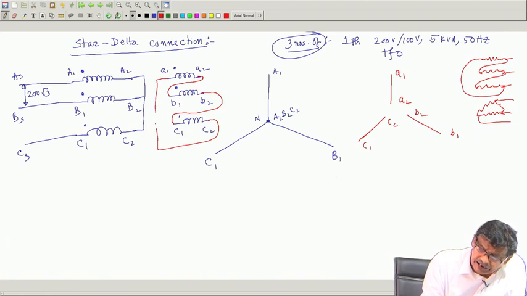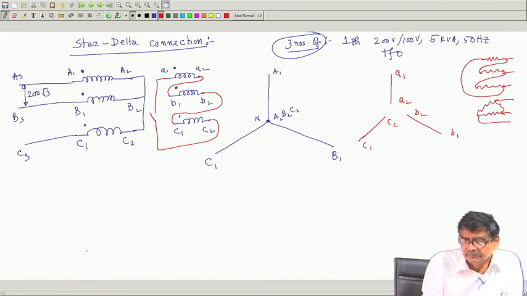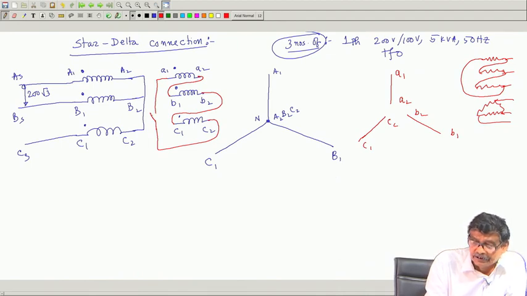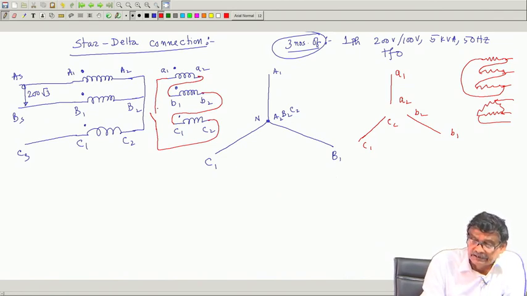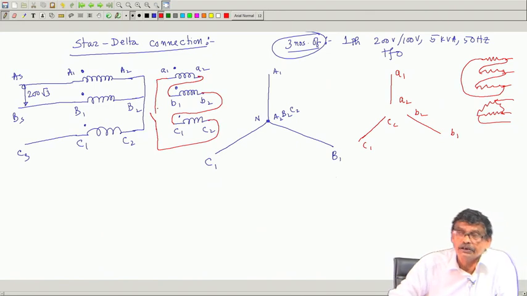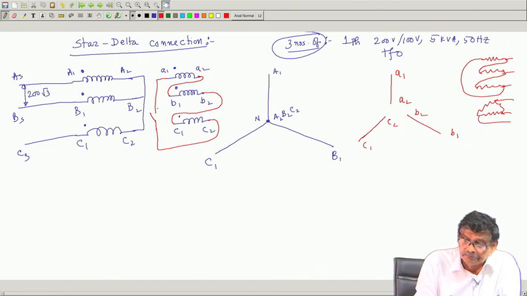And suppose he has connected a switch there to complete the delta. Now, these 3 phasors are in isolation. The moment you make a connection like this, they are no longer in isolation. So, now you position these phasors based on these connections.